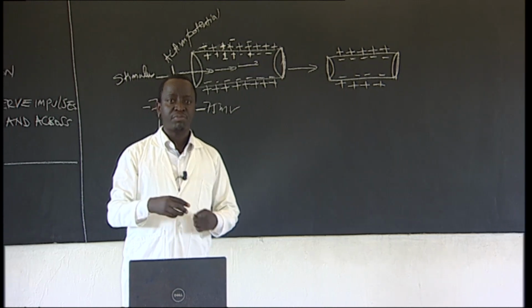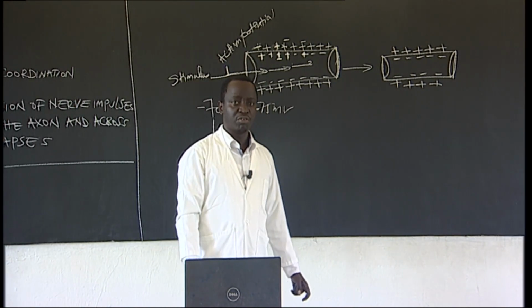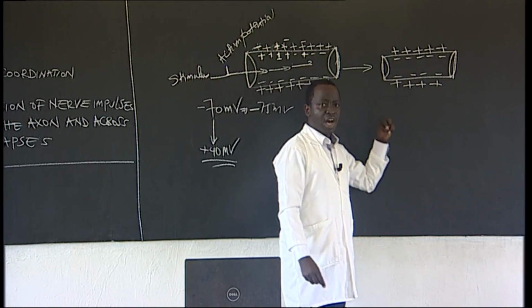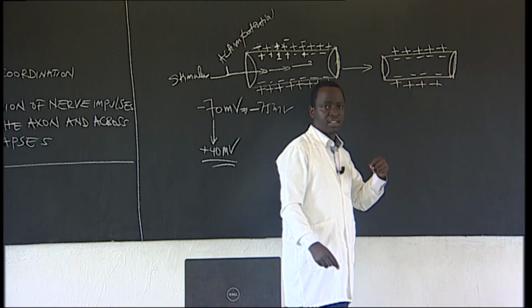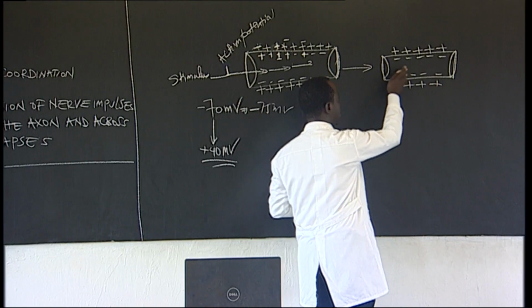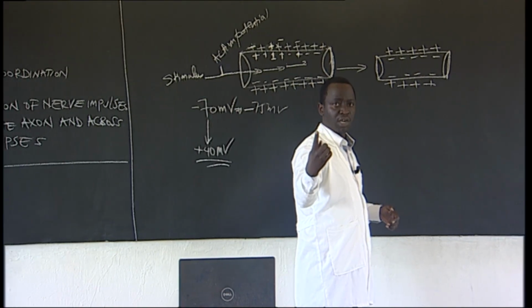Number one, we need a stimulus first of all. When the stimulus is coming, there are now positive charges from outside of the membrane that get inside. So in that case, there is what you call depolarization. That one allows the message to cross this axon to the next one. Are you getting the point?